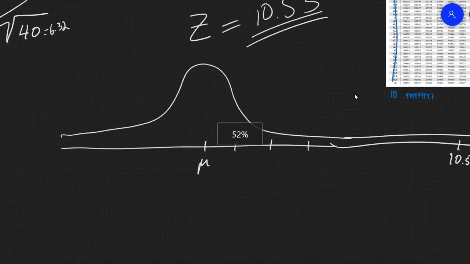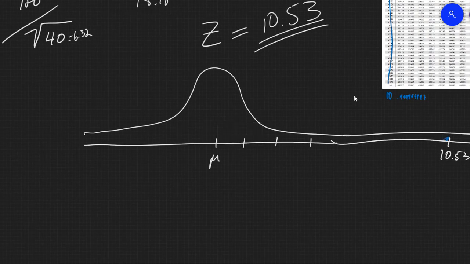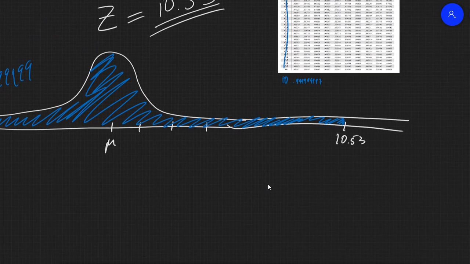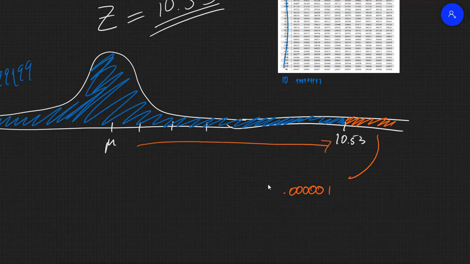So what that tells us is that the space to the left, all of the entire population, is 0.9999999, whatever it is, such that the area under the curve greater than 10.53 is 0.00000, you know, 1 something. I don't know. Our z-stat is so big that the area under the curve is almost 0.